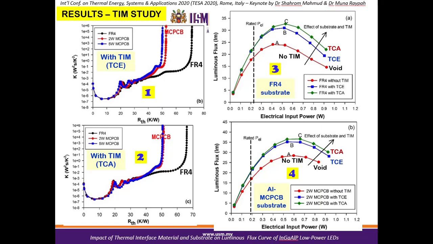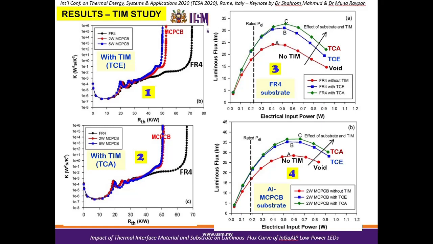Figures 1 and 2 are the results that compare the thermal resistance performance between the two types of TIM material, TCE epoxy versus adhesive TCA. Figures 3 and 4 are the luminous flux data that compare the performance of the epoxy substrate and the metallic aluminum substrate.